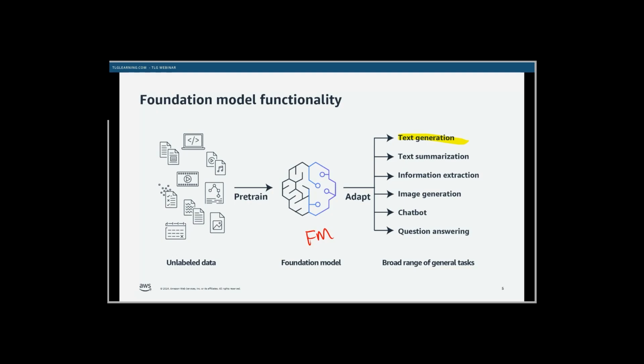They could extract information from input they're provided. You have text to image type models, which can generate an image. You have chat bots you may have encountered on various websites, a chat bot assistant that's helping you with some issue you're experiencing or helping you with navigating the site, perhaps, and a wide variety of other tasks.